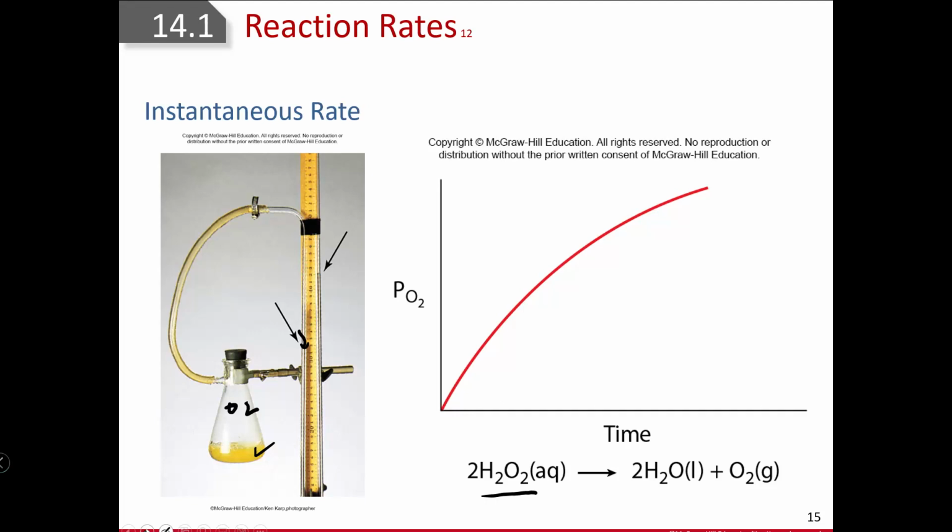So if we plot this over time, the pressure of oxygen versus time, we can see this chemical reaction happening, and we can see that the instantaneous rate is much faster at the beginning, and again, as the reactant is consumed, we start seeing the rate slow down.